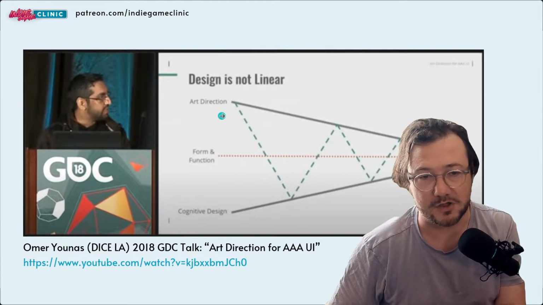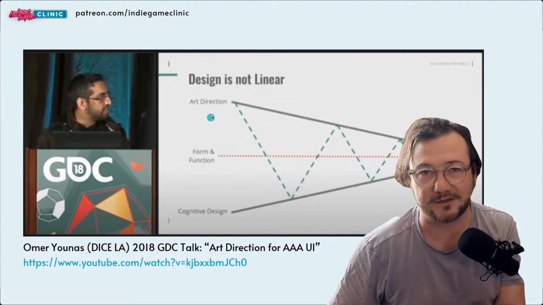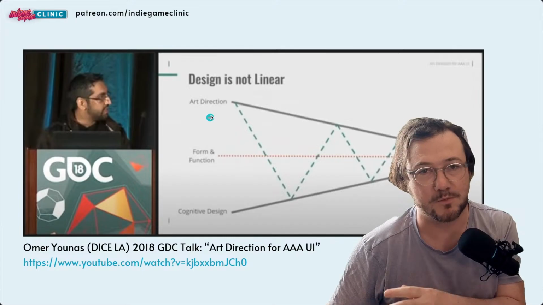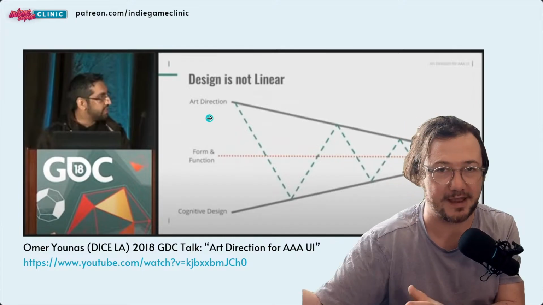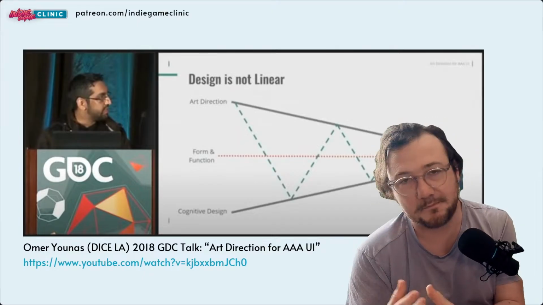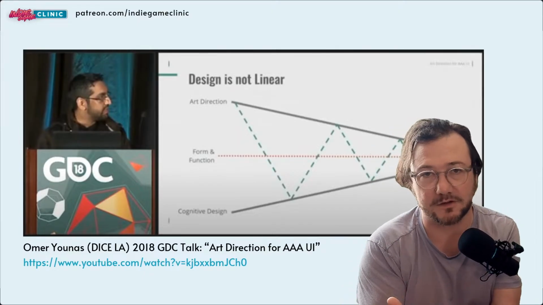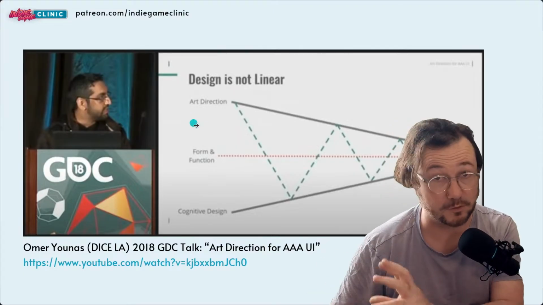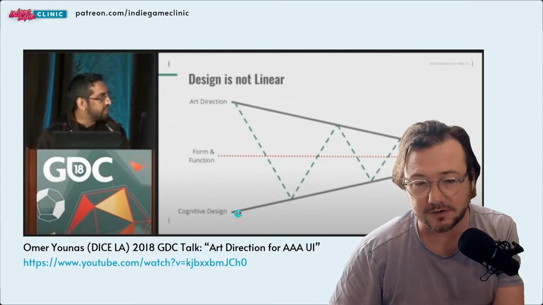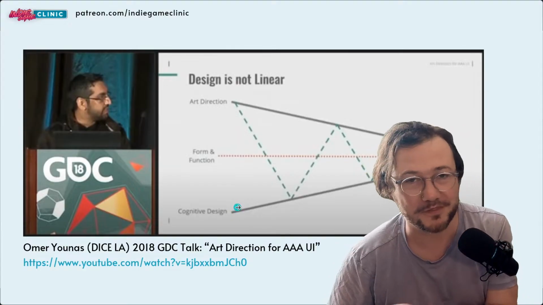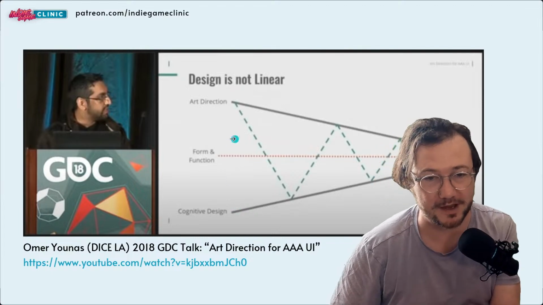Art direction is all of the stylistic choices: what is the art style of the game, when is the game set, and how does that influence things like the graphic design, right? You play a steampunk or diesel punk game like Dishonored, and it has a graphic design that makes you think of that time, and so on. There's all of that stuff going on. And then the cognitive design of making a thing that people can understand with their brains and their eyes and all of that kind of stuff.